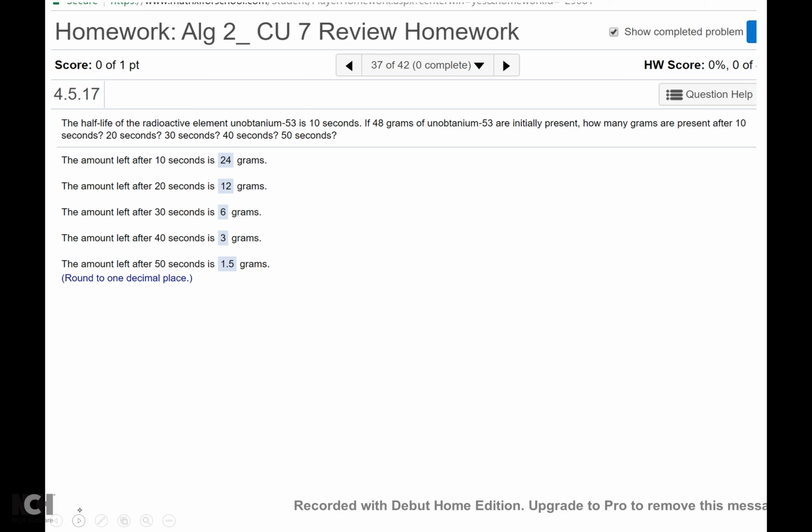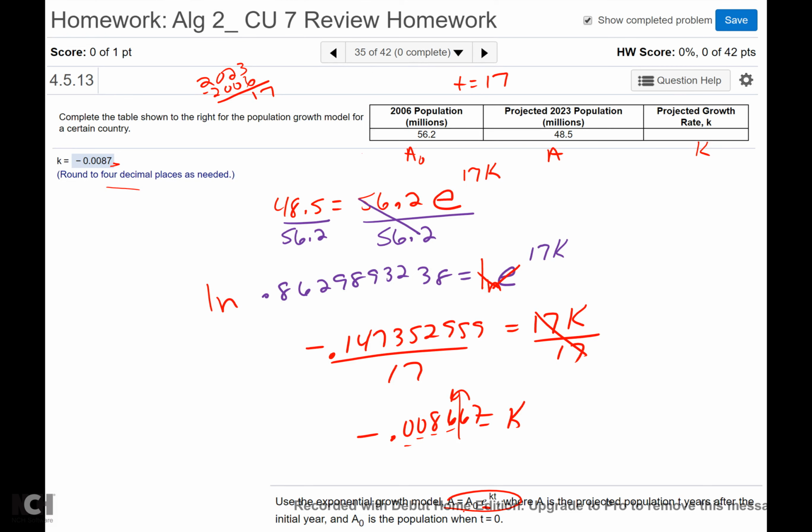All right, so where's my little formula? All right, so I have A equals A sub naught e to the kt. I do believe. Let me back up one and make sure. Yeah. Okay.